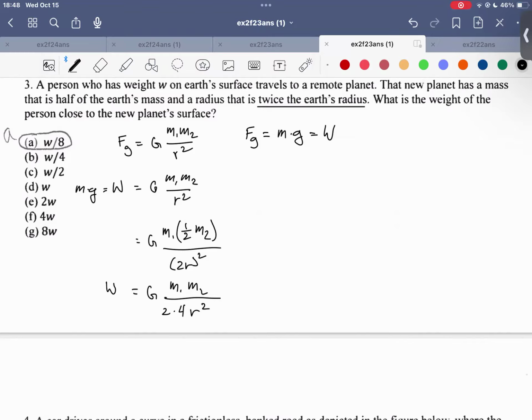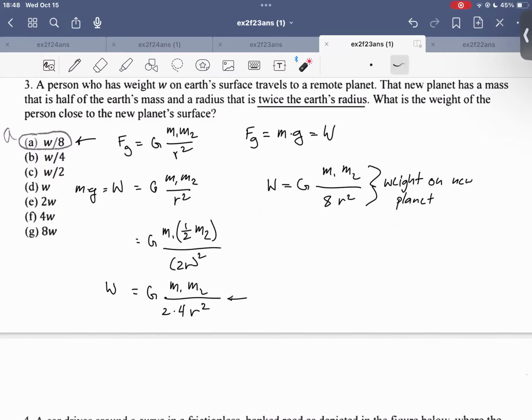And so you can see here that the weight on this different planet is going to be divided by 8 in the denominator, which leaves us with this, because this is weight on the new planet. So this 8 in the bottom is reflected here.